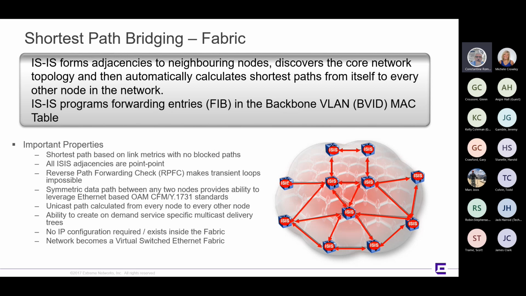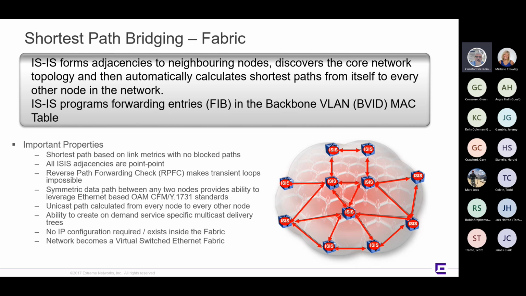A key point is that there's no blocking involved. It's not like spanning tree, where your redundant port will literally get blocked and not pass traffic. We're going to pass traffic on all the ports. We're only going to use the ones that we need to get to our destination based on the shortest path. Reverse path forward check is the methodology used for loop prevention.